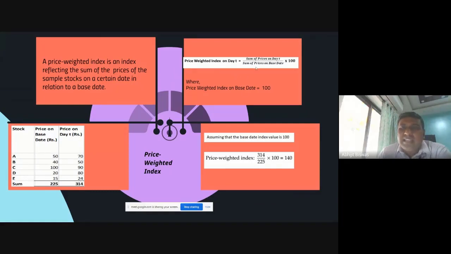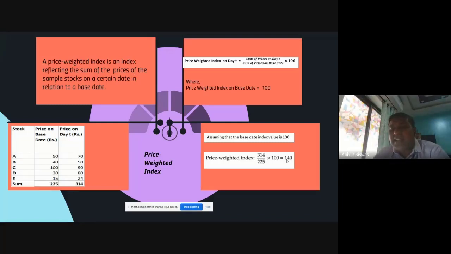What does it say? Sum of prices on day T. So sum of prices on day T is 314 divided by sum of prices on base date. What is the sum of prices on base date? 225 multiplied by 100. So that is what we have done. So price weighted index on day T is equal to 314 divided by 225 multiplied by 100. So that gives you 140.